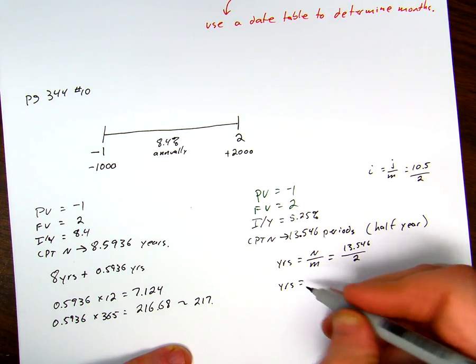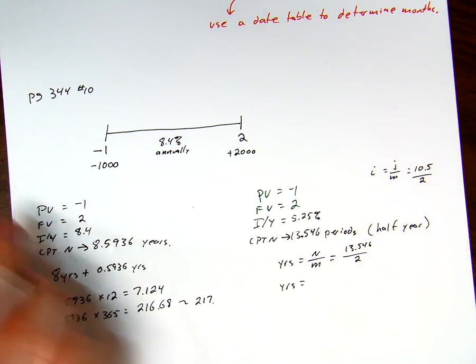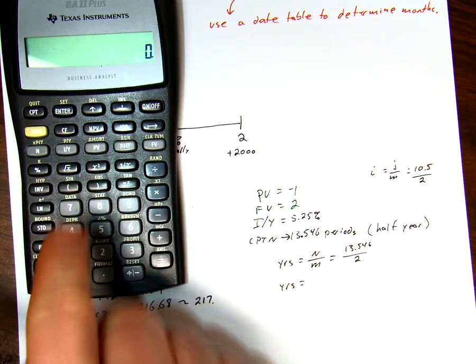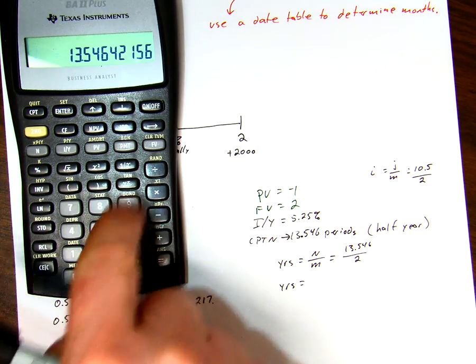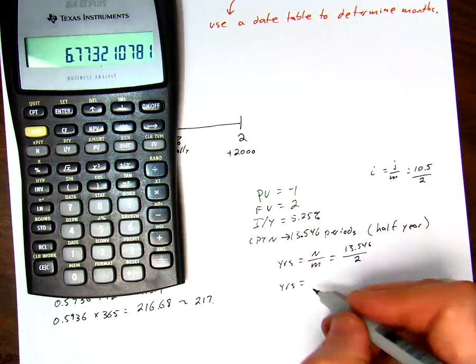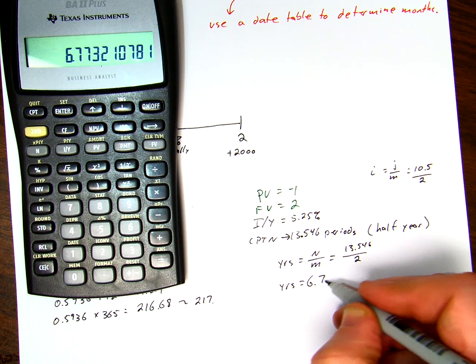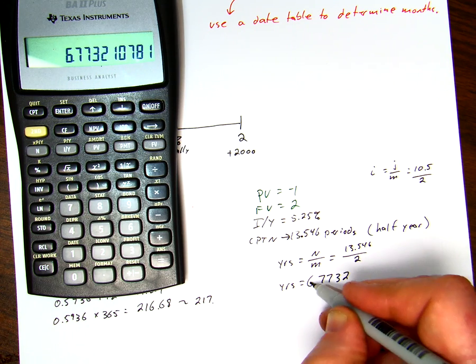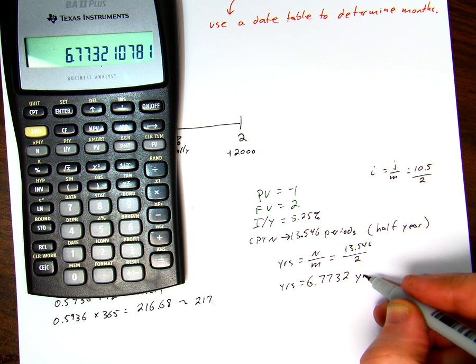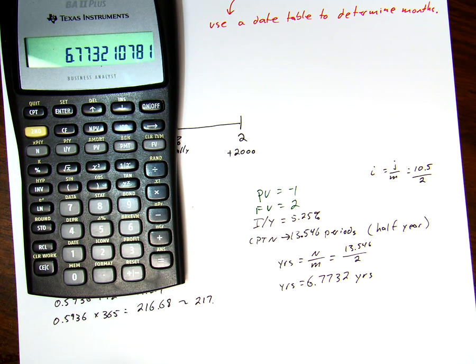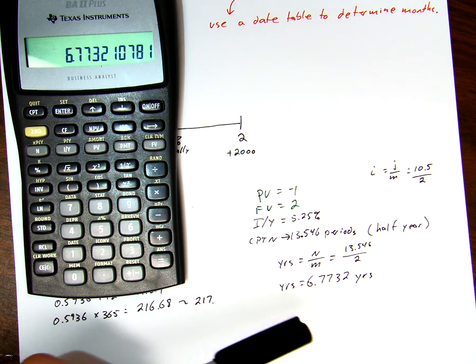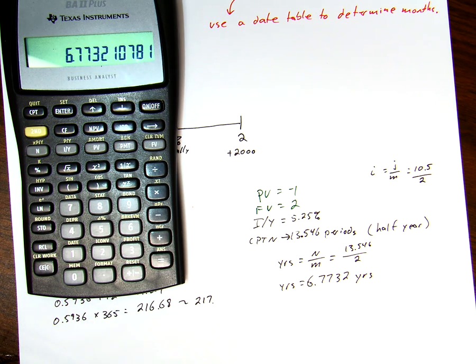So the number of years is equal to 13.546 divided by 2, which is 6.7732 years. Notice, first of all, that a higher rate meant a shorter amount of time to compound.